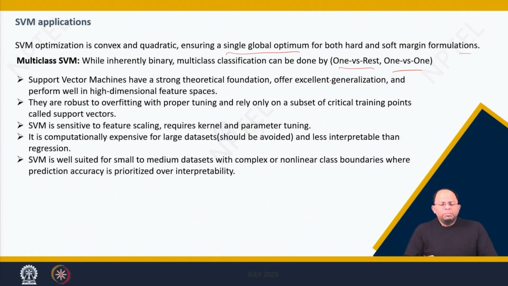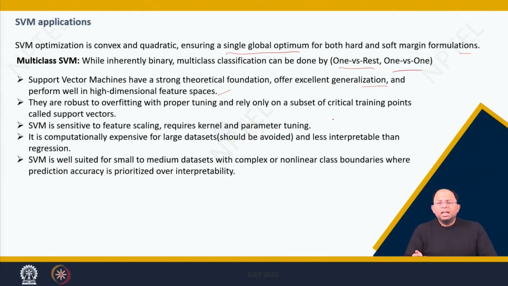Then support vector machines have a strong theoretical foundation, offer excellent generalization, and perform well in high dimensional feature spaces. That is where we are going to use it. These are robust to overfitting with proper tuning and rely only on a subset of critical training points called support vectors. So we don't require all points, only a few would be utilized. SVM is sensitive to feature scaling, requires kernel and parameter tuning that we just learned, and is computationally expensive for large data sets.